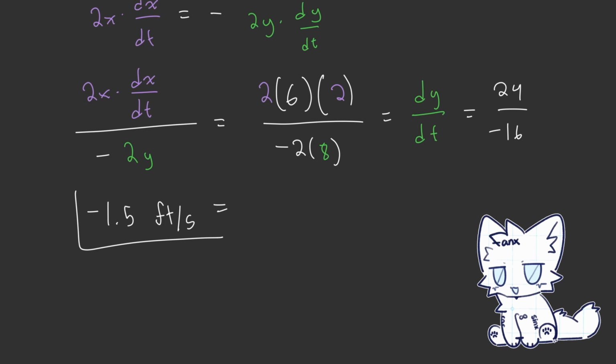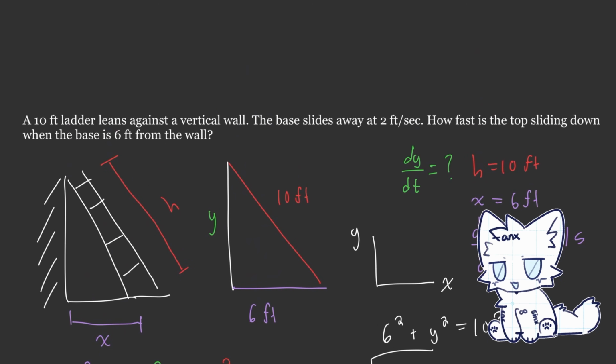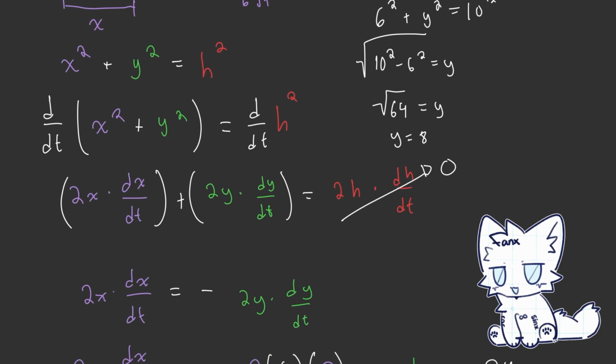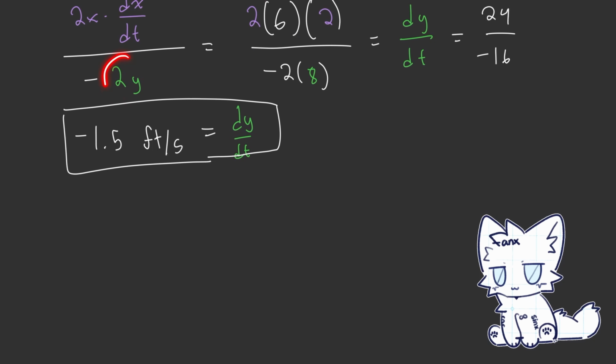And that would be the change in height in respect to time, which is what the question originally asks us. Right? How fast is the top sliding down when the base is 6 feet away from the wall? So at 6 feet, that is when x is 6, and it's sliding at a rate of 2 feet per second, and the height is 8 at that specific time.